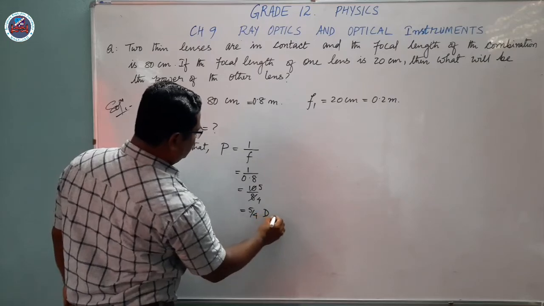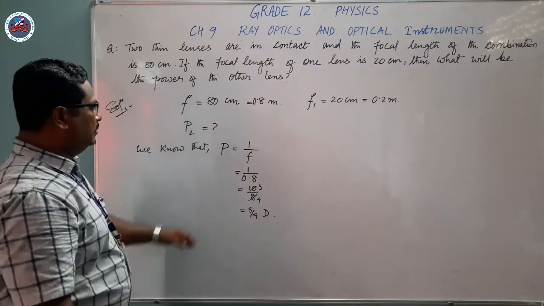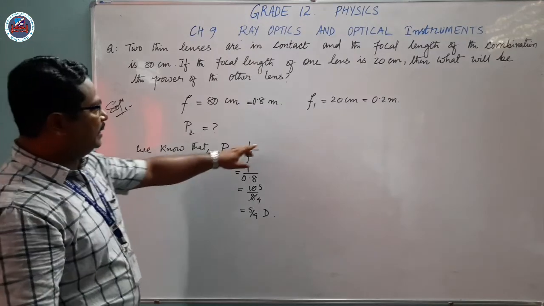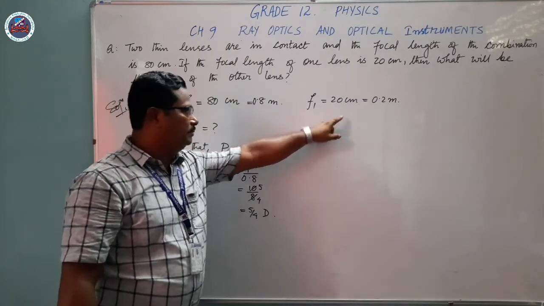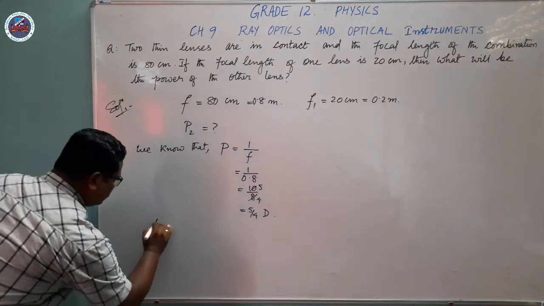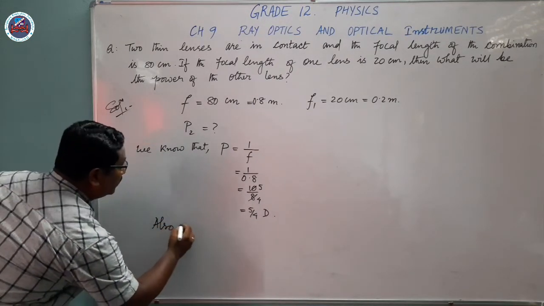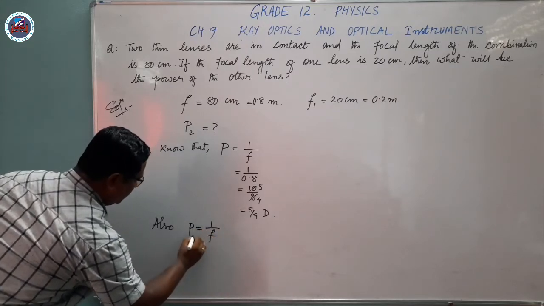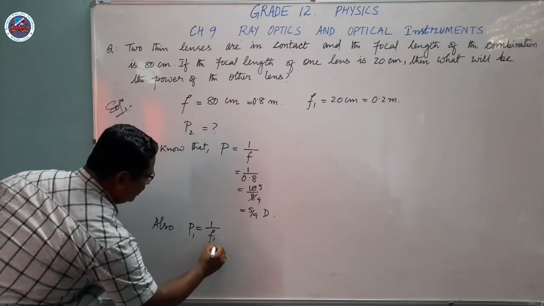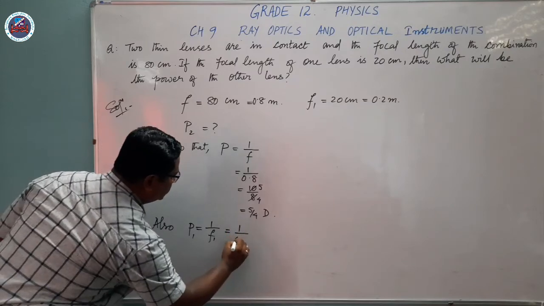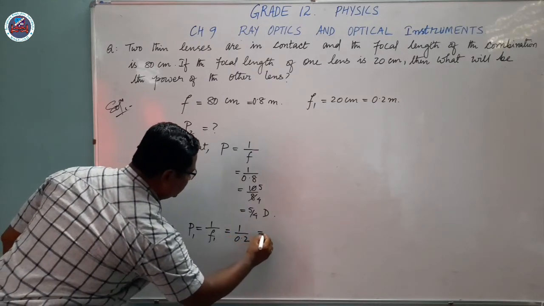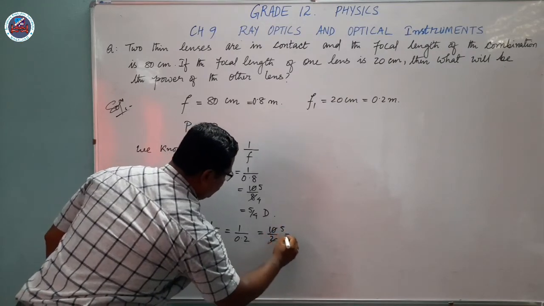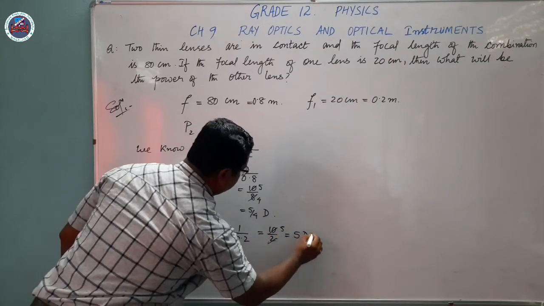The SI unit of power is diopter. Like this, we find the power of the combination. Then we can find the power of the first lens. P1 is 1 by f1, that is 1 by 0.2, also in meter, so it is 10 by 2, which gives you 5 diopter.